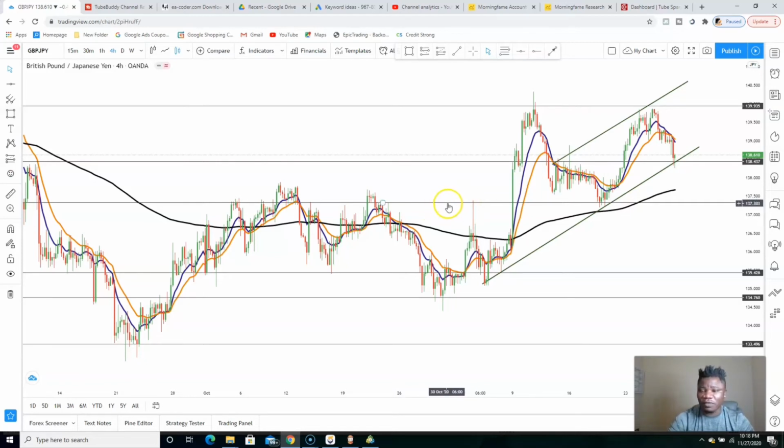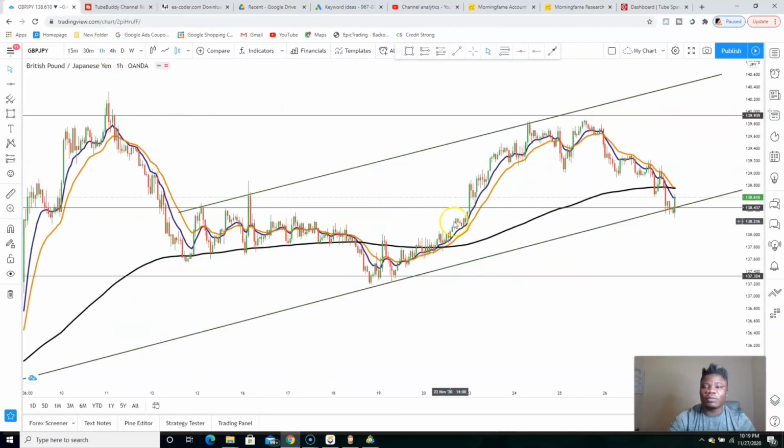Your first confirmation is the 10 EMA actually crosses the 20 EMA, then you can get into that trade. It crosses and price actually breaks and closes above your resistance, then you can get in on the 1 hour time frame, which is right here in this area right here.